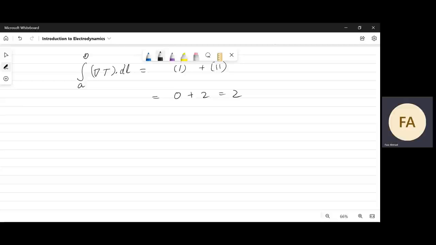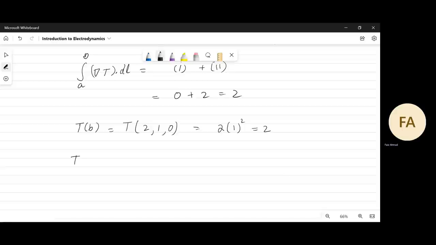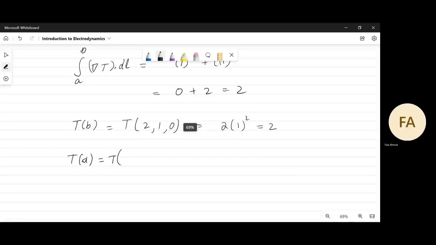Now if we check the right hand side, where we have to calculate T of b, T of b is T of 2, 1, 0. Let's put these values in function T. Function T is x y squared, so x is 2, y squared is 1 squared, which is equal to 2. T of a is equal to T of 0, 0, 0.